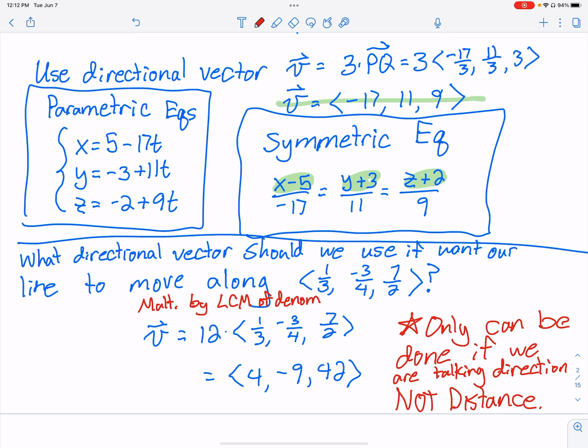If we're talking distance, we can't change our vector because the length of it changes the distance covered. The only time I can actually change a directional vector is when we're only talking about direction. If I'm talking about distance, it can't be done. I would be changing the problem.